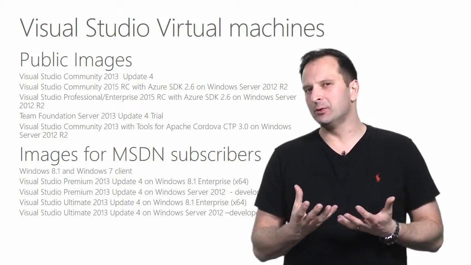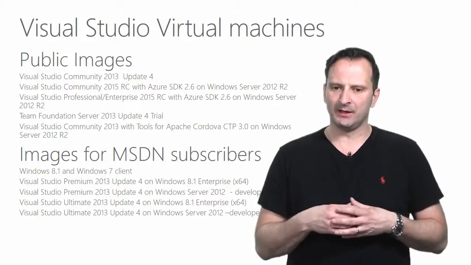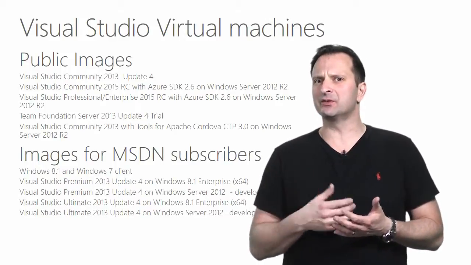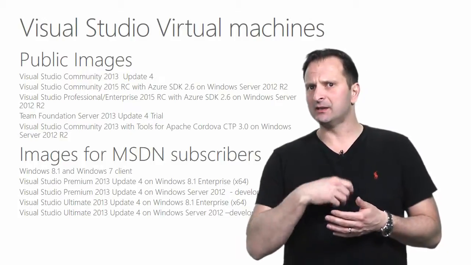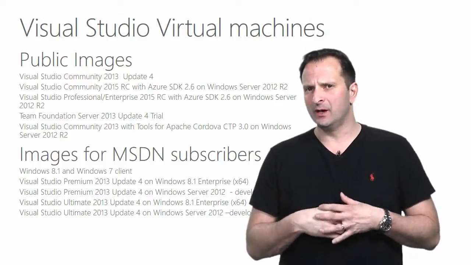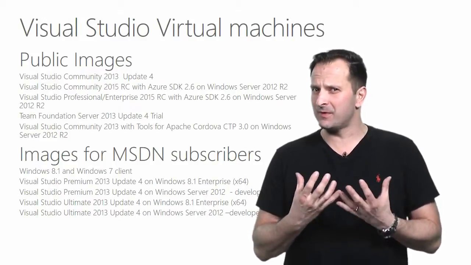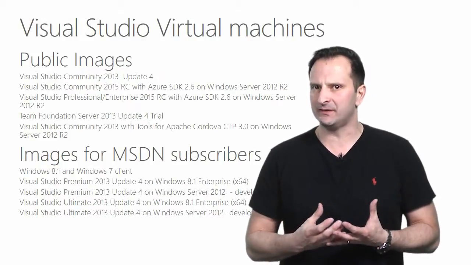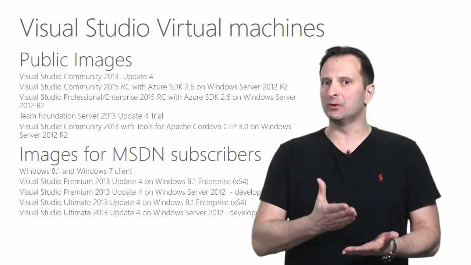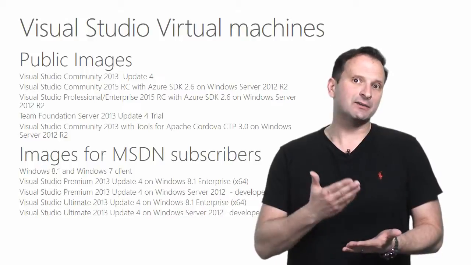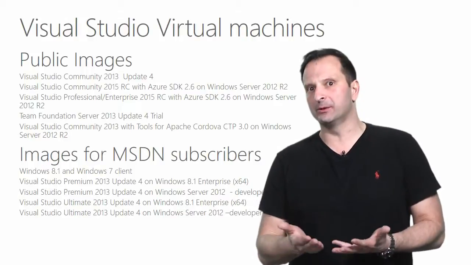The other thing I want to point out, we also have images with Visual Studio Ultimate on it, and they're on a Windows Server operating system. In that case, it's Windows Server 2012. The reason for those images being on Windows Server 2012 is because we think about those images more like a developer desktop. Those images come not only with Visual Studio, but also with SharePoint on it, and SQL Server Developer Edition.